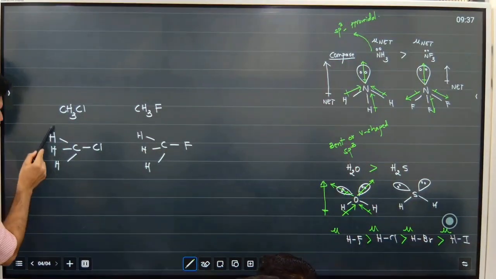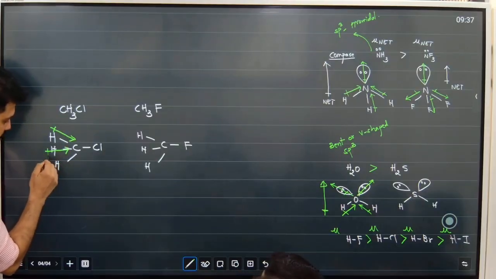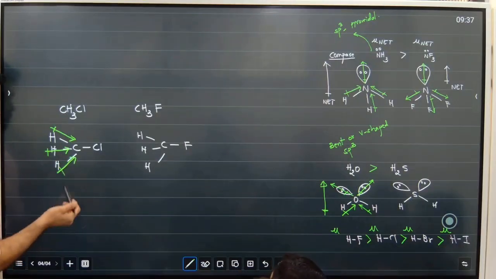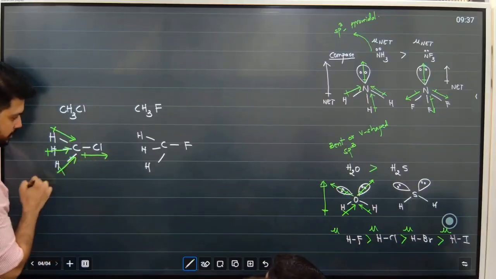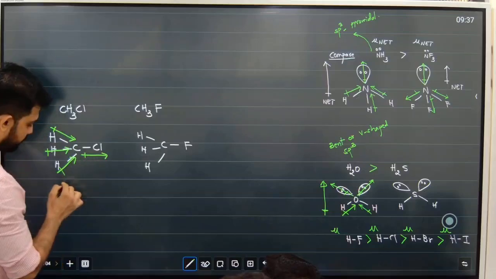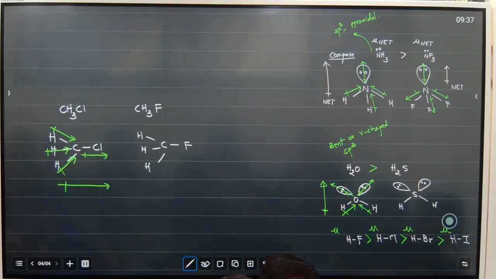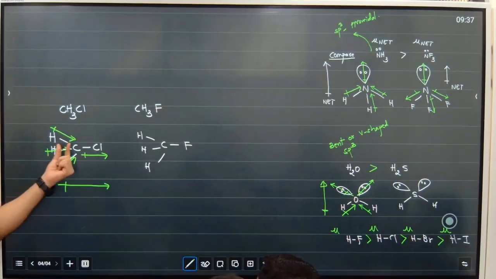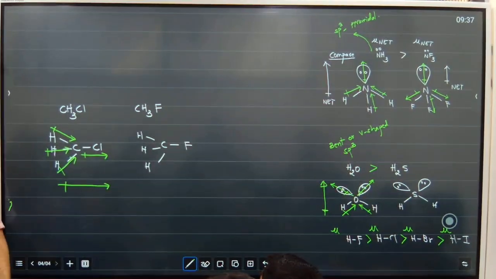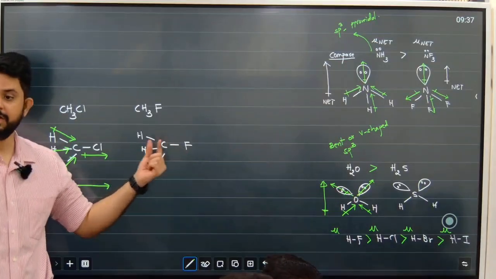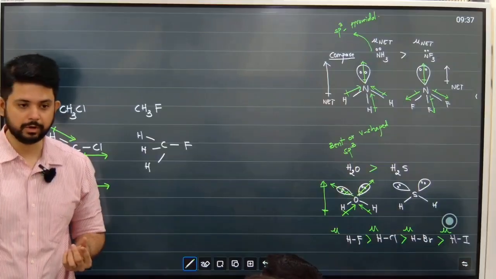H and C, who's more electronegative? This will be the direction of the dipole. Carbon and chlorine, who's more electronegative? And so the net dipole also is in this direction. Same thing is observed over here. But between carbon-chlorine and carbon-fluorine, who has higher electronegativity difference? C–F will have more electronegativity difference because obviously fluorine is the most electronegative element in the periodic table.